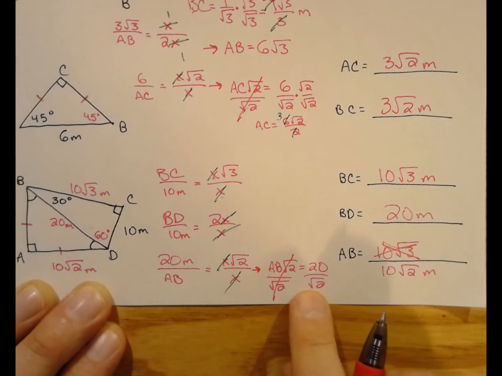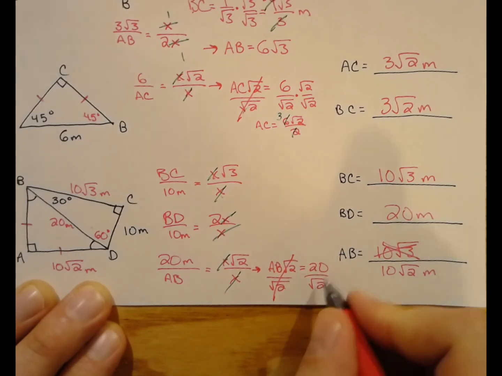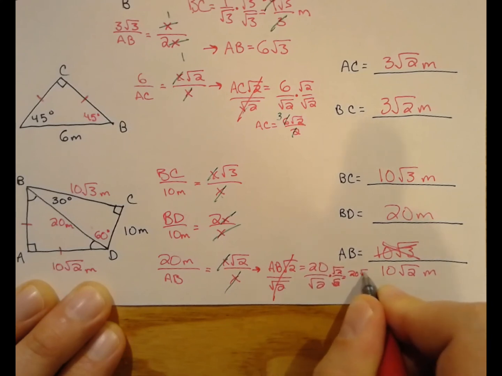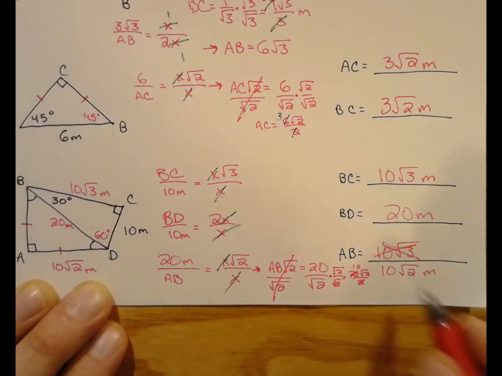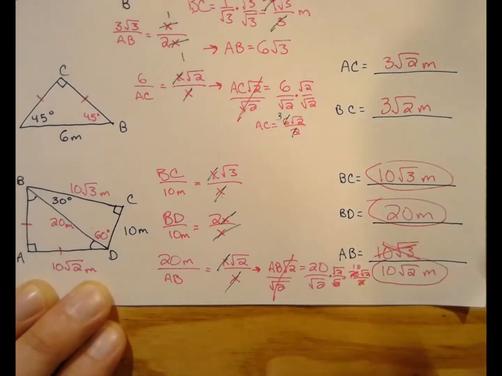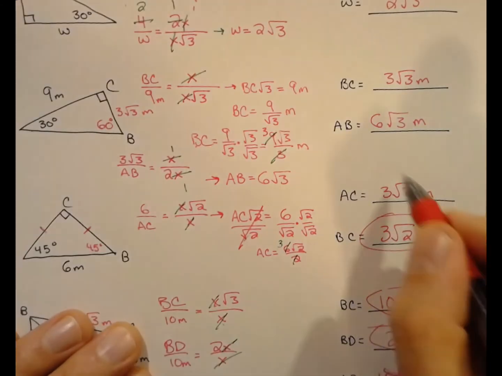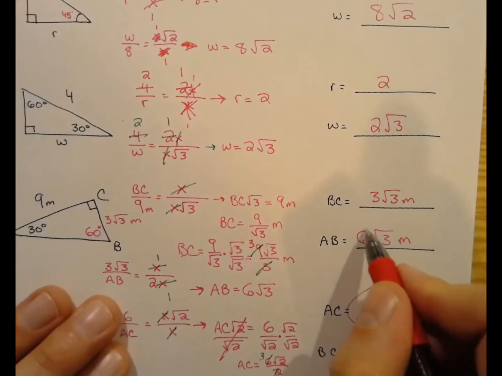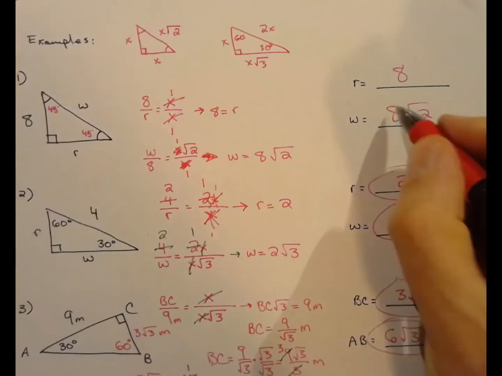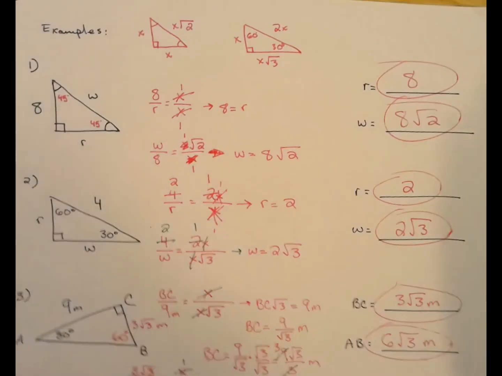And I'll trust that you guys can see the simplification. Well, I'll just work it out real quick. 20 root 2 divided by 2, cancel, cancel, 10. Final answers are always worthy of a circle. All right, so you're going to try some of your own and lots of practice in school tomorrow. Good stuff.